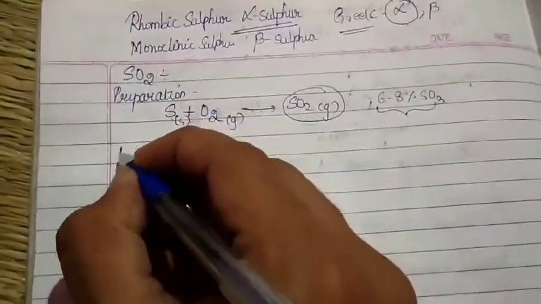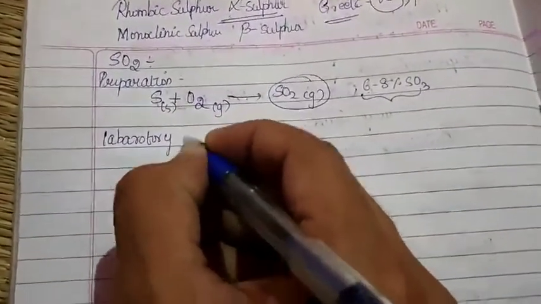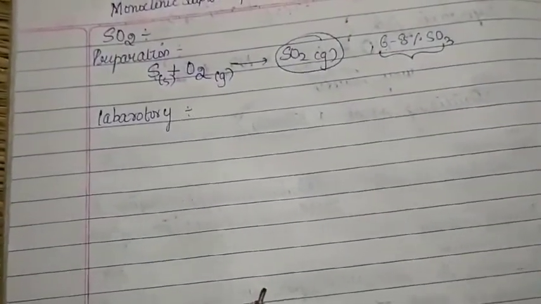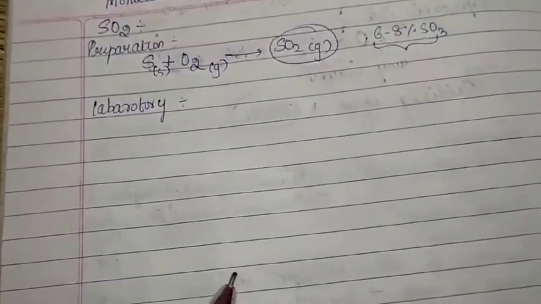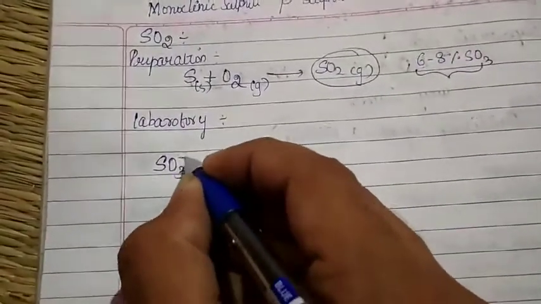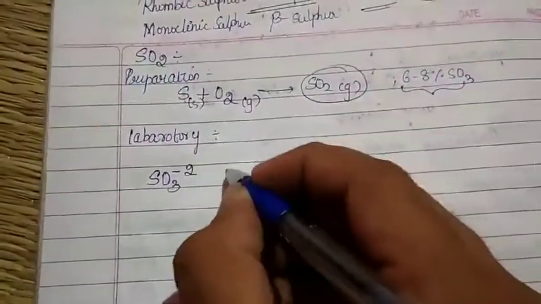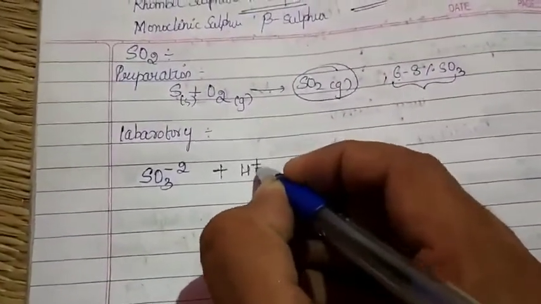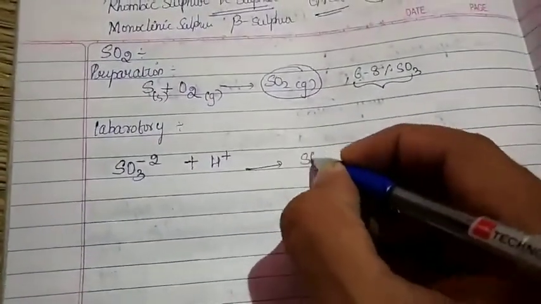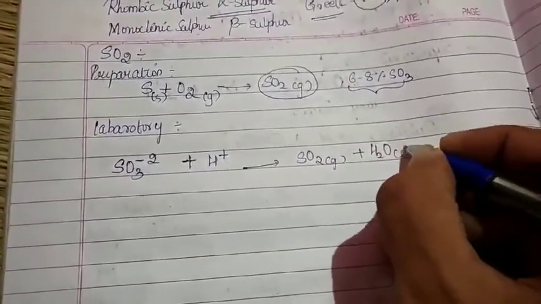Coming to the laboratory preparation, basically SO2 is prepared by treating your sulfite, SO3 2-. I'll just write my ionic reaction. Whenever you treat sulfite with dilute sulphuric acid, you will get sulfur dioxide gas, and as a byproduct, water vapors.